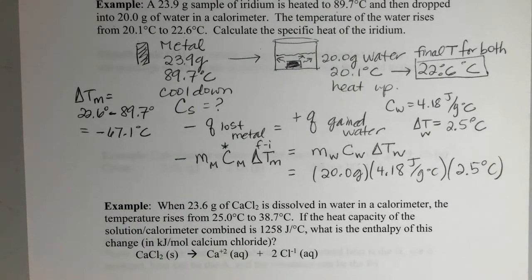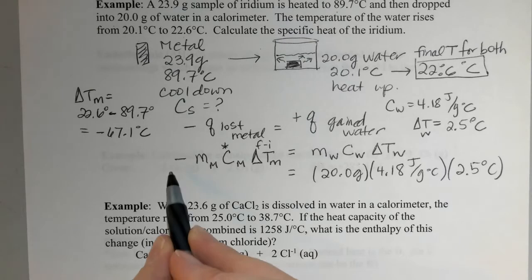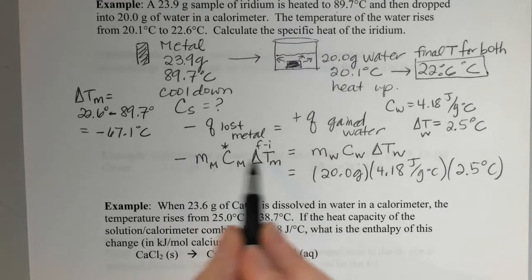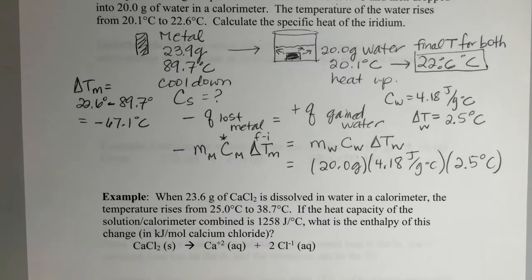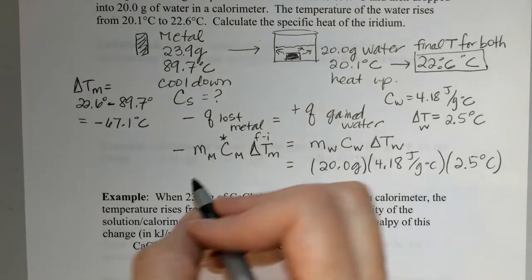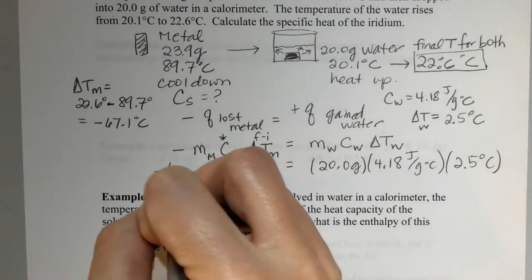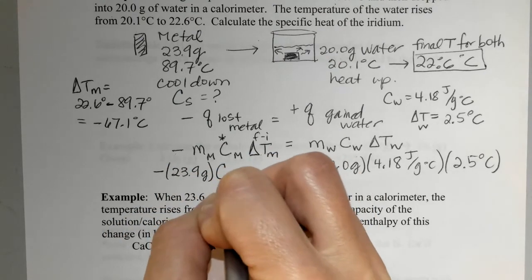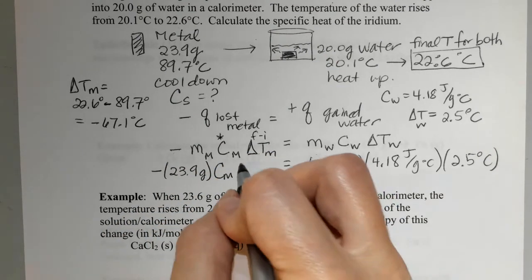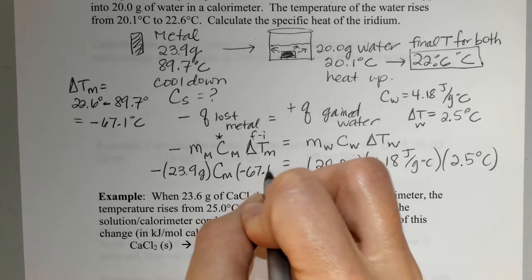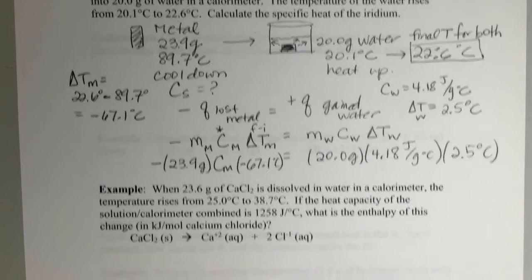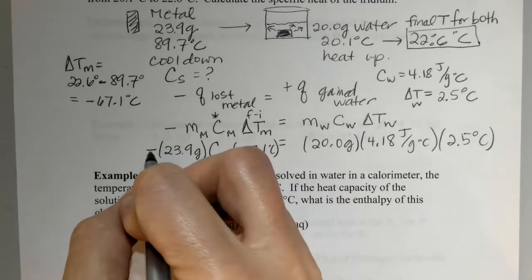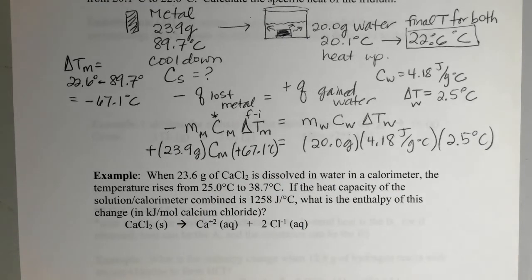So you're losing that temperature. And that'll also help because it's going to take care of that negative that we have, right? Because you can't have a negative mass. So we'd have negative mass of metal, 23.9. Again, that heat capacity of the metal is what we're solving for. And then our temperature, negative 67.1, right? So the negative times the negative is going to cancel out, so we won't have to worry about that.